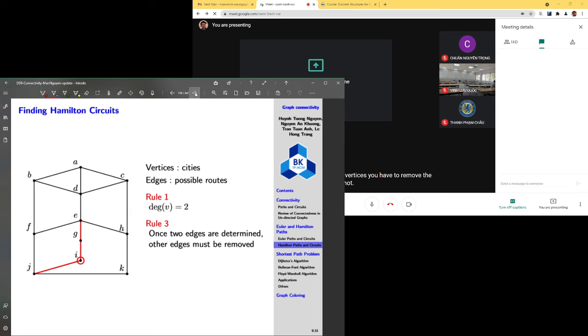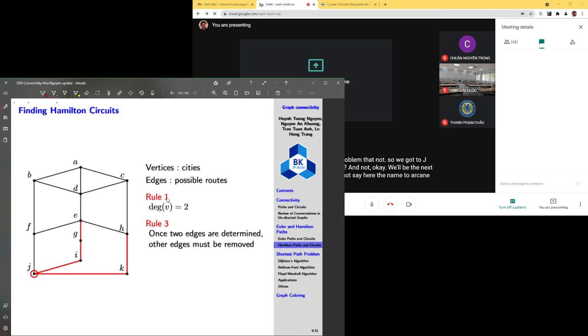So we got to J and we continue from J, and again the idea, you see, the node K will be the next one because we apply the second rule to node J, connect to K, and from K we go up to H.